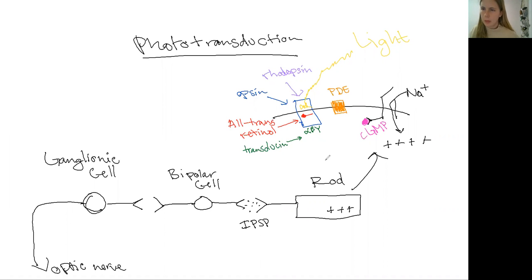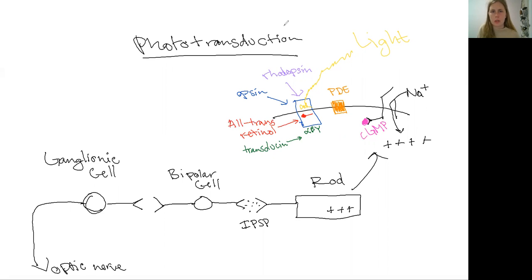So if you remember when we learned about fats, the cis fat is bent and the trans fat is straight. So same thing, trans is straight and cis is bent. So all-trans retinol is straight because the light came, it hit it, straightened it out.